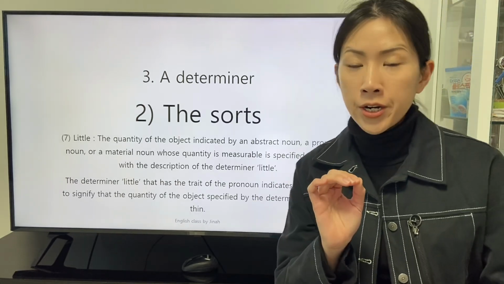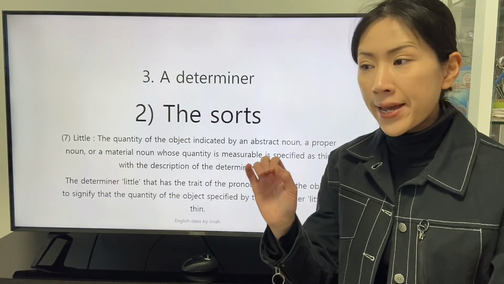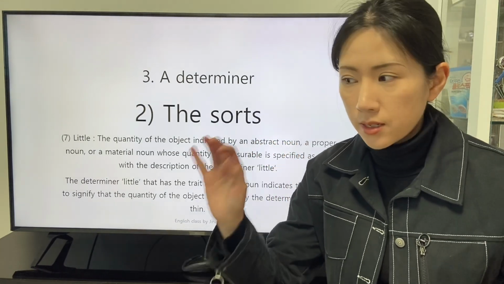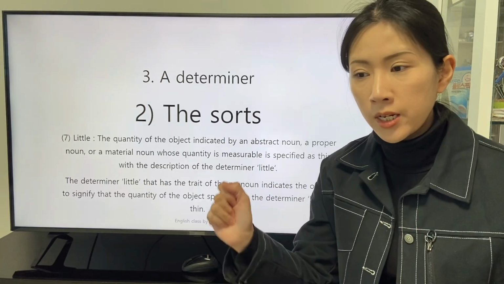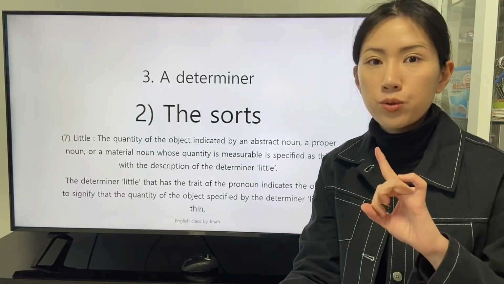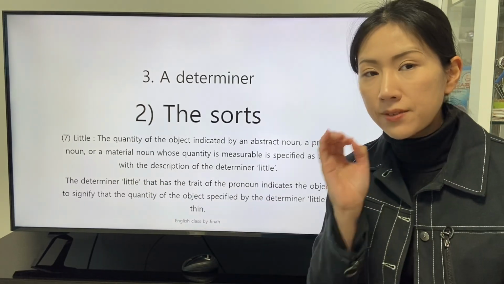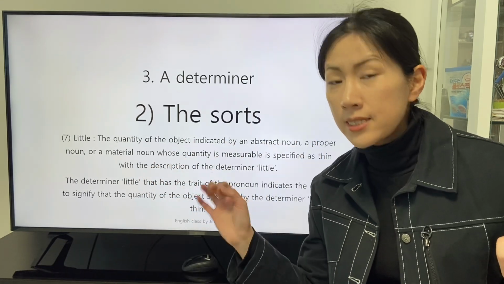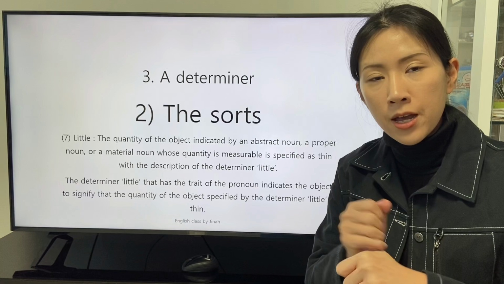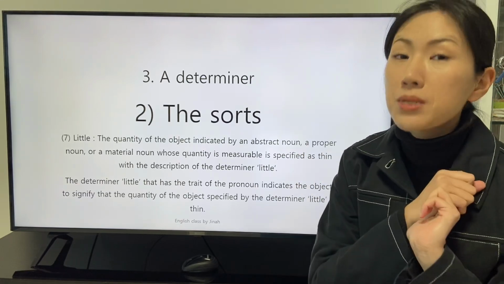The determiner little specifies the object whose unit is not agreed in the linguistic group. The object specified by the determiner little is indicated by an abstract noun, a proper noun, or a material noun.